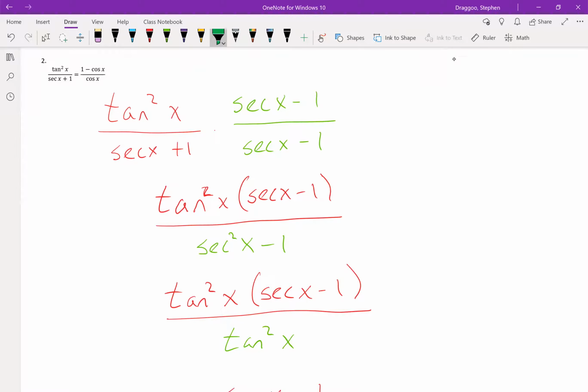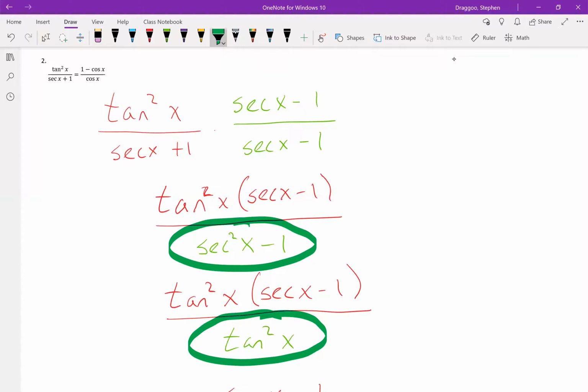Now the denominator becomes a difference of squares problem. Secant plus 1 times secant minus 1 will be secant squared minus 1 squared, which is just 1. And then that secant squared minus 1 becomes tangent squared by one of our Pythagorean identities. Notice I've left the numerator alone.